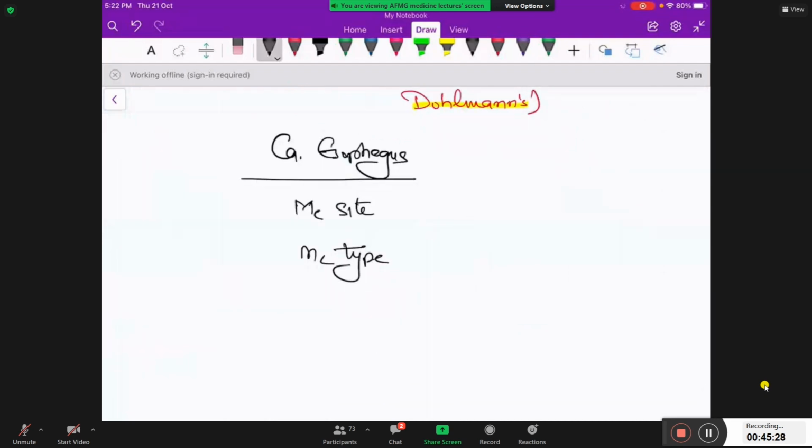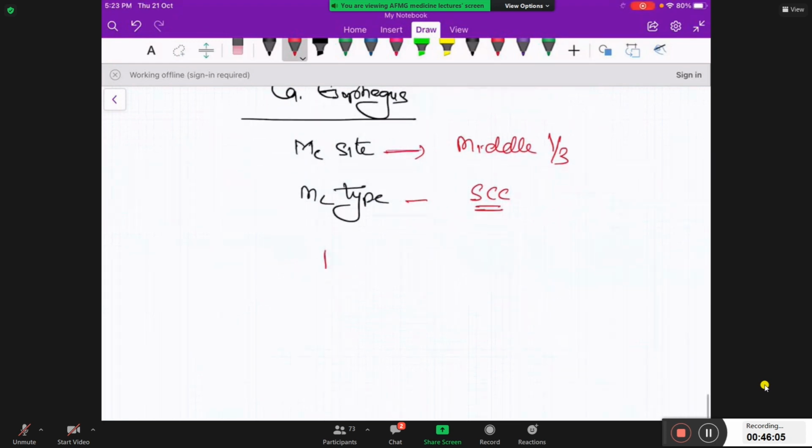Now, there's a lot of confusion on this question, but the answer is, if you are asked most common site, it is middle third of esophagus, and most common type is squamous cell carcinoma. If you are in the US, which you are not, or if you are writing USMLE, which you are not, then it will be adenocarcinoma, lower end of the esophagus. But worldwide, it is middle third squamous.